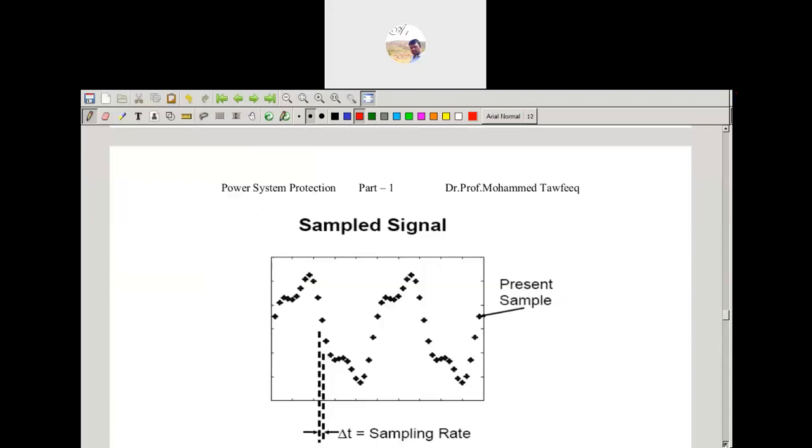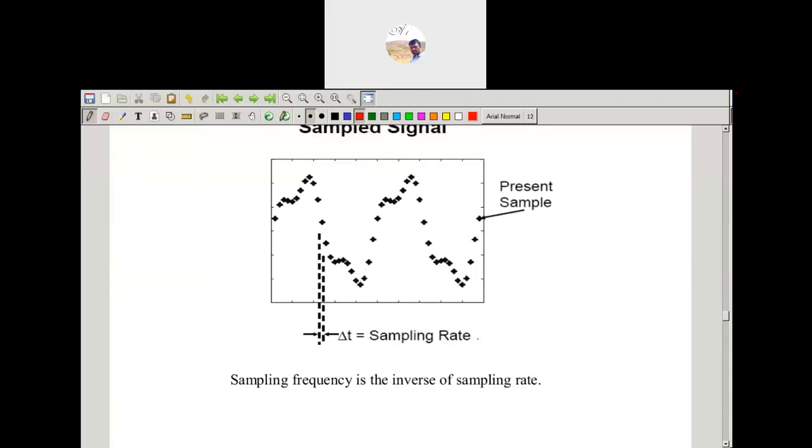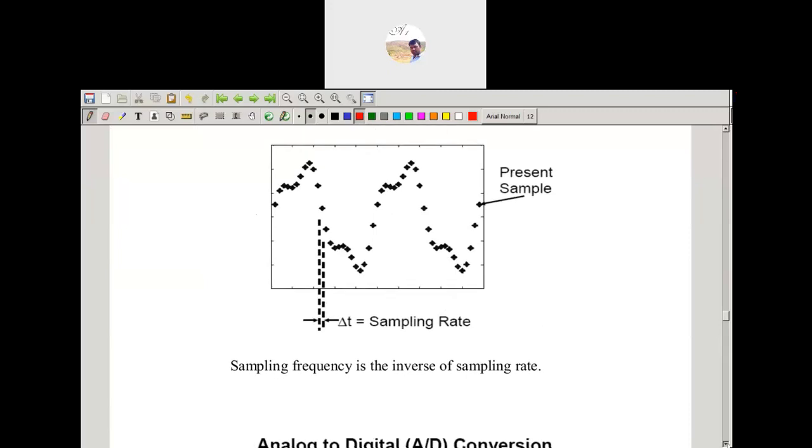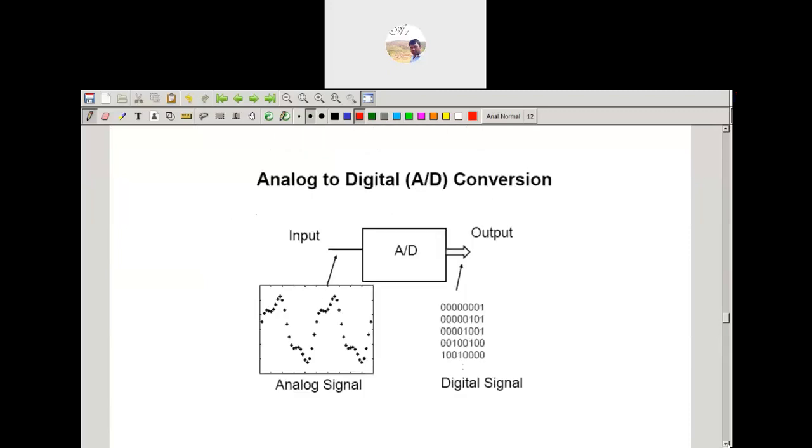You can see the preset samples. These are nothing but the presets. If there is a variation between the preset sample output and this output, then it will trip.